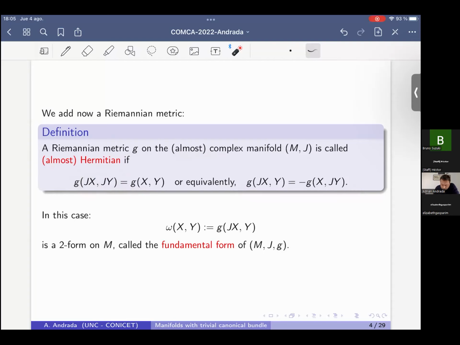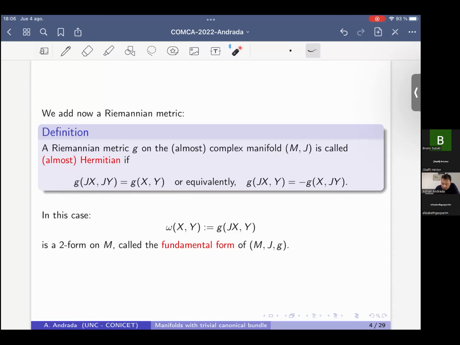And then, using this skew-symmetry, we can define this omega as the combination of g and J, and it is a two-form on M, which is called the fundamental form of this Hermitian manifold, or almost Hermitian manifold.